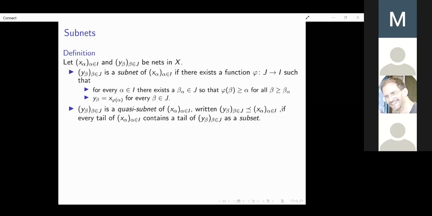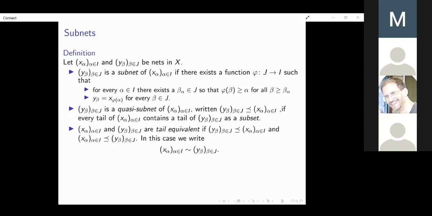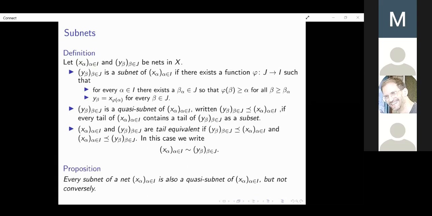It is just the relation between the tail sets of the nets that matter. We say that two nets are tail equivalent if either one is a quasi-subnet of the other, and we use this equivalence symbol to denote this. So clearly every subnet of a net is a quasi-subnet, but not conversely.